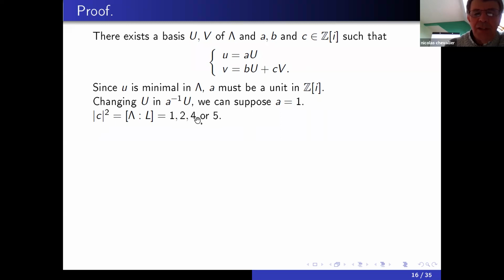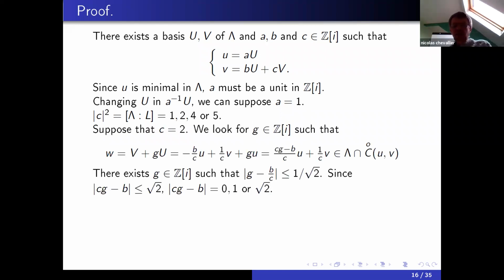I just explained that it is not 4. If it is 4, this means that C must be 2, 2i, minus 2, or minus 2i, and you can still use the multiplication by i, and you can suppose that C is 2.